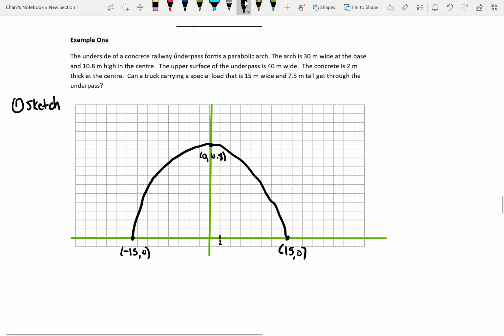It says the upper surface of the underpass is 40 meters wide, and the concrete is 2 meters thick. So that means the concrete goes up to 12.8 and then 40 meters across. So 2, 4, 6, 8, 10, 12, 14, 16, 18, 20. So over to 20, and then to negative 20.